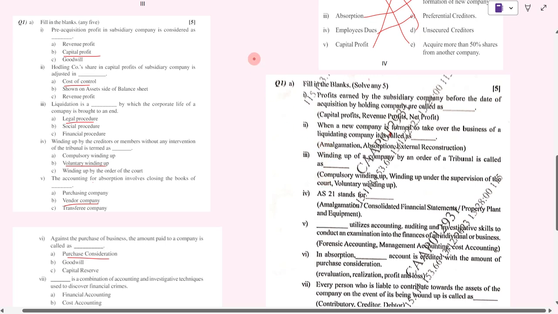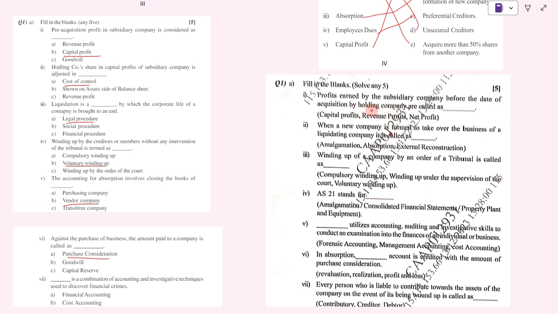filling the blanks. Profit earned by subsidiary company before the date of acquisition by holding company is called capital profit. When a new company is formed to take over the business of another liquidated company, it is called external reconstruction. Winding up of company by order of tribunal is called compulsory winding up.